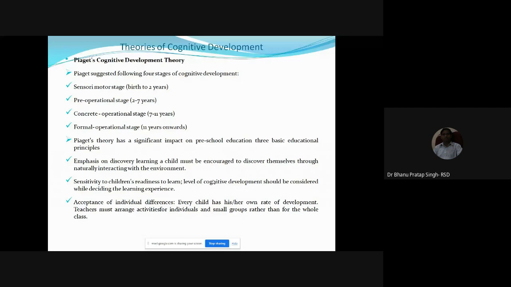theories of cognitive development. Although we have discussed Piaget's theories, I think this is the third time that we are discussing the Piaget theory.